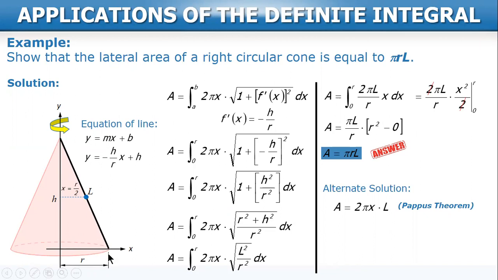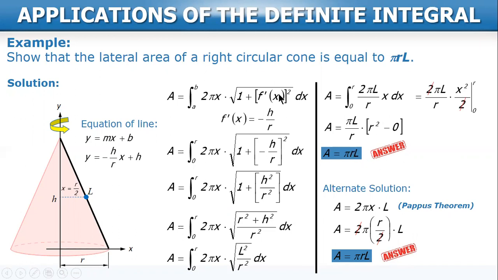For R it is R over 2, and for H it is H over 2. So, this R over 2 is substituted here. The 2 cancels and we have pi RL. This is from Pappus theorem. That was our checking.